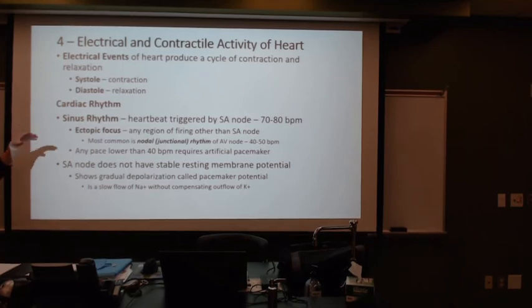Anything else, and it can happen. It can most definitely happen. It's called an ectopic focus. If the beating of your heart is now controlled, say for example, by the AV node, it's an ectopic focus.